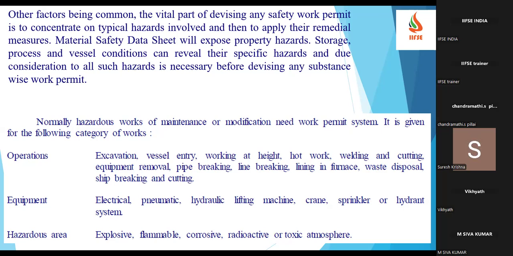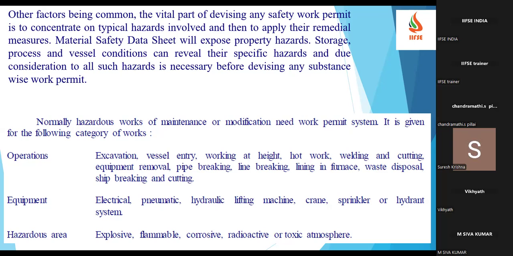Then we will understand what kind of conditions are applicable. Conditions in the sense, safety conditions. If it is hydrocarbons, I have to work under purging condition. If it is a corrosive substance, I have to neutralize the equipment. All these things we will understand by seeing the MSDS of the material or chemical.